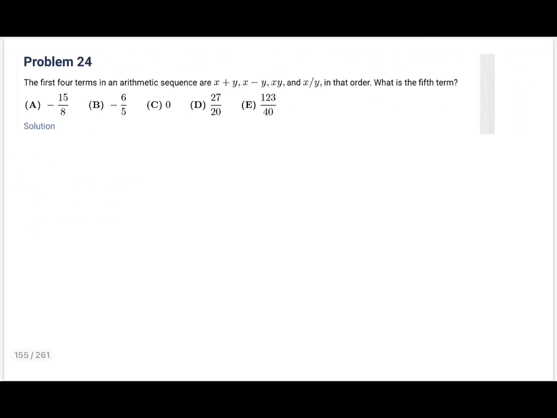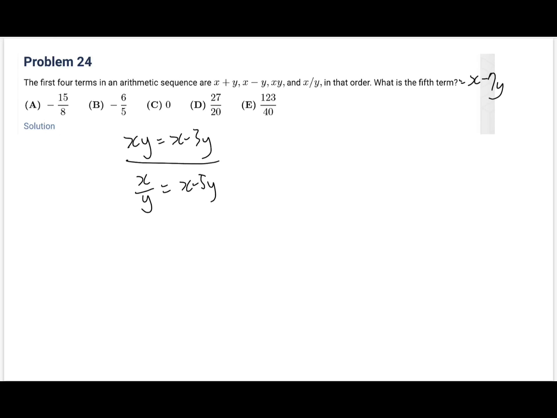Number 24. The first 4 terms in the arithmetic sequence are x plus y, x minus y, xy, and x over y in that order. Okay, so it's an arithmetic sequence, right? So xy would be equal to x minus 3y, and x over y would be equal to x minus 5y. And so the fifth term would be x minus 7y, right?